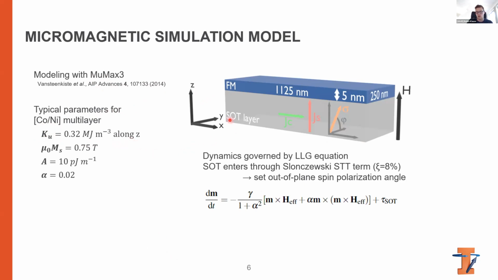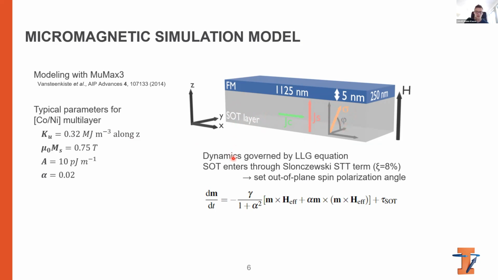And then we don't specifically simulate the spin-orbit layer, but we can imagine that it's below the ferromagnet, and here a charge current in the x direction generates a spin current in the z direction with a spin polarization that lies in the yz plane, as dictated by a combination of the conventional and unconventional spin torques.